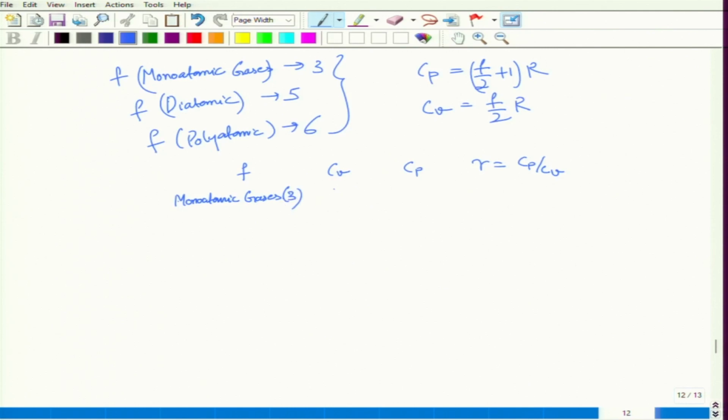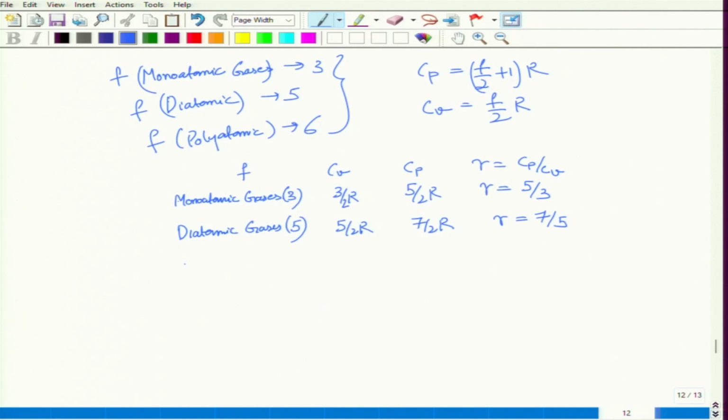So, Cv is 3 by 2 R and Cp is 5 by 2 R, and so gamma is 5 by 3. For the case of diatomic gases, the degree of freedom is 5, so Cv is 5 by 2 R and Cp is 7 by 2 R, and so gamma is 7 by 5.